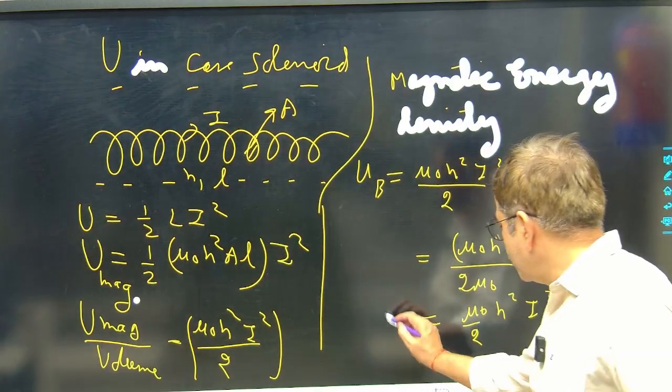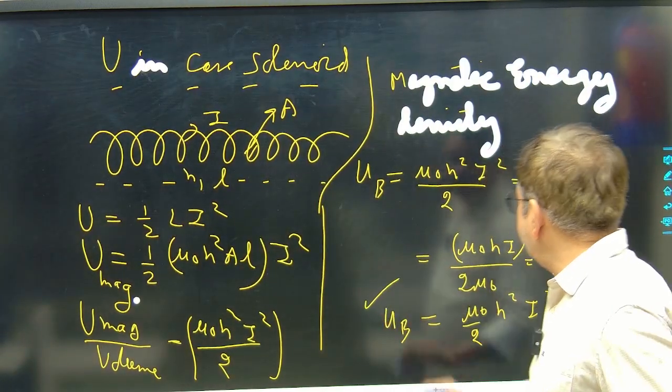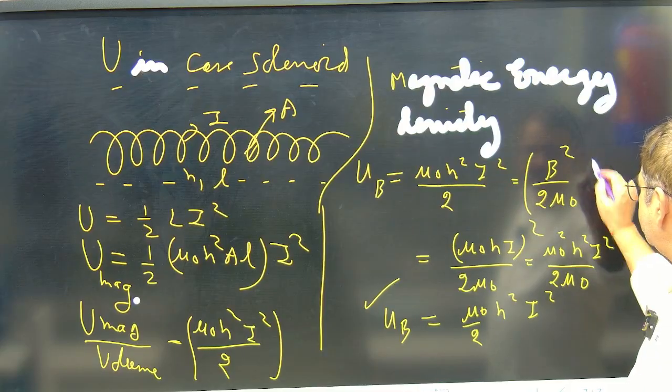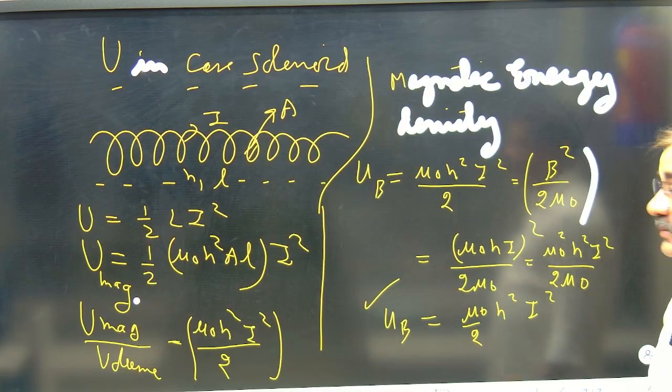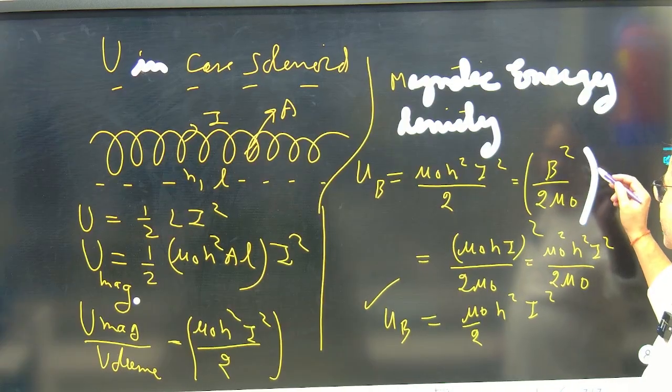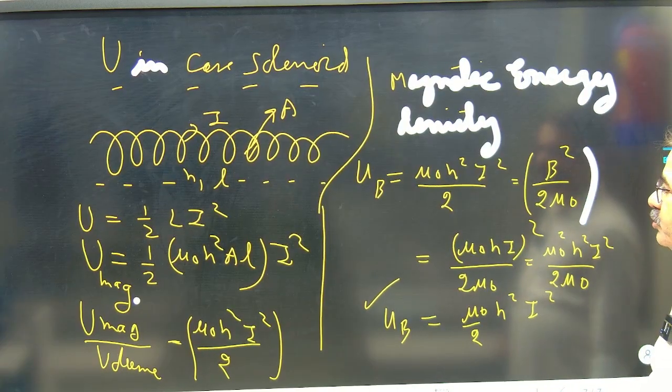It is perfect. So the magnetic energy density u B is B square by 2 mu naught. This also we should keep in mind, for any inductor.